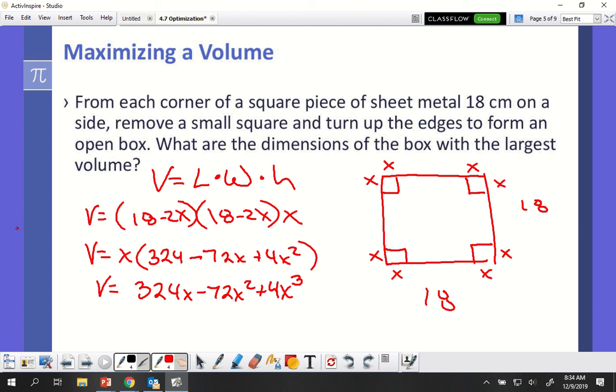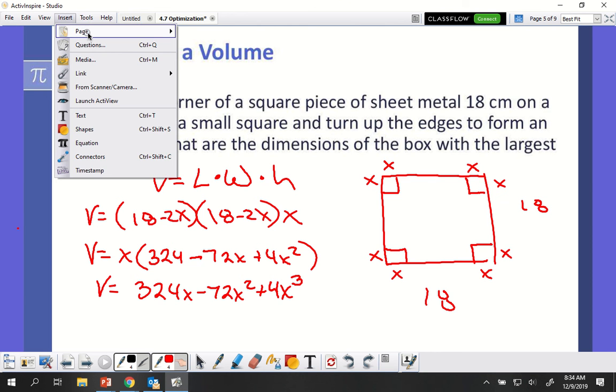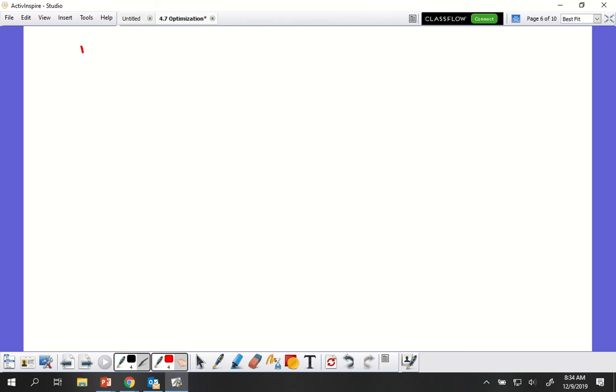Here's the point where I take my derivative. Actually, let me do another page. V equals 324x minus 72x squared plus 4x cubed. There you go.